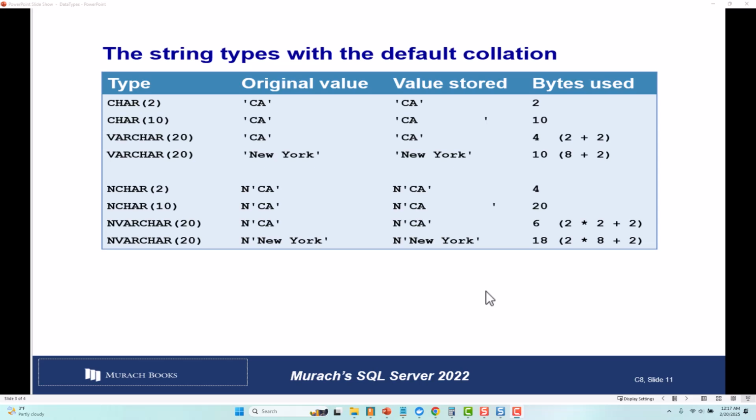Now, if we wanted to define just 2 bytes for our state abbreviations for all records, we would define that as a char and not a varchar, because we're only storing 2 bytes max. Maybe there's no values being stored there. We would have the 2 bytes of storage plus the overhead. We would be taking up more space with a varchar than if we were using the char.